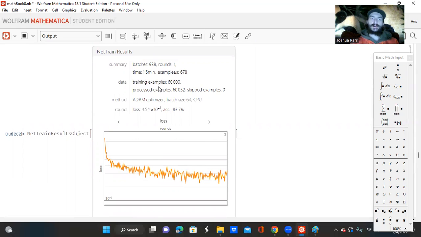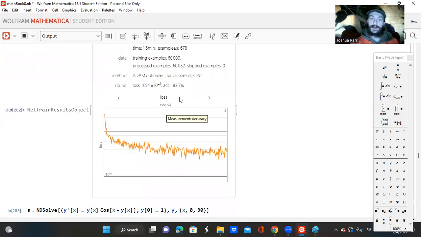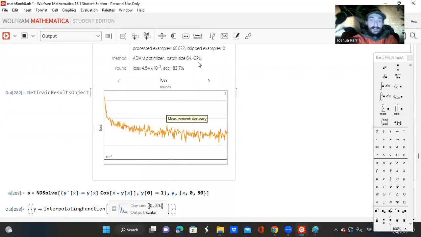Training examples, 60,000 processed. 60,032 skipped examples. We used the Adam optimizer, batch size of 64, and our loss was 4.54 times 10 to the negative 1 with an accuracy of 83.7%.